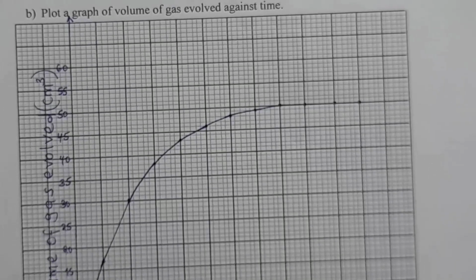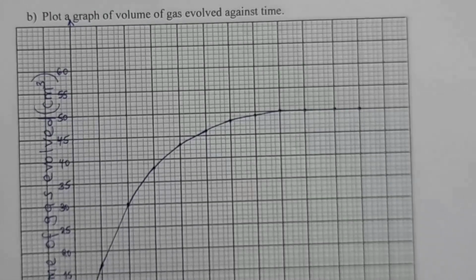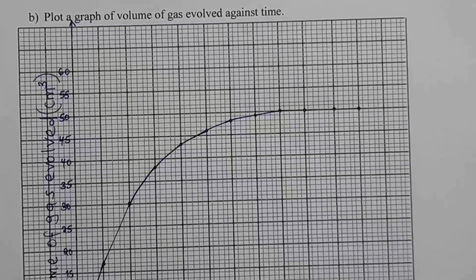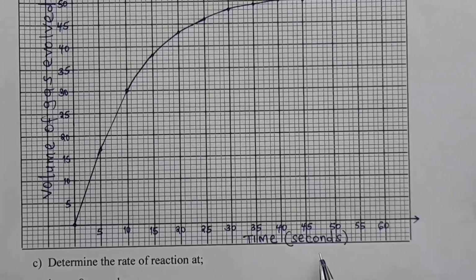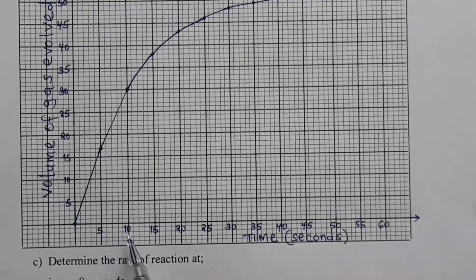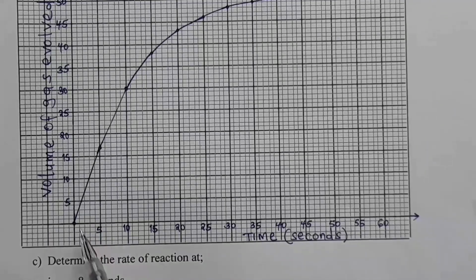I was told to plot a graph of volume of gas evolved against time. On the x-axis, I have time measured in seconds, with a scale of 1 centimeter square to represent 5 seconds.